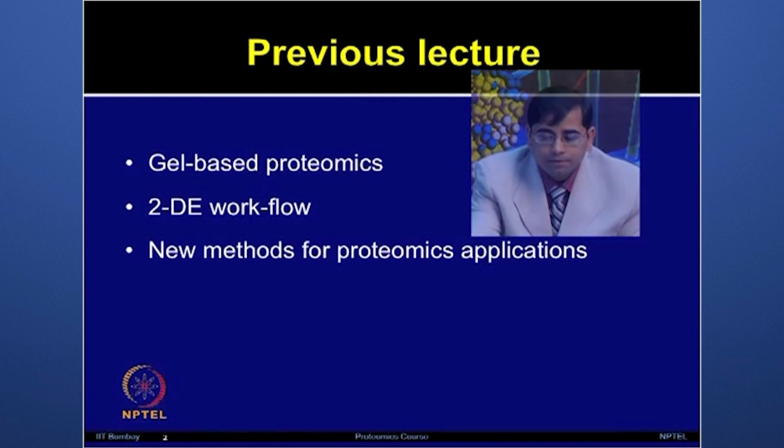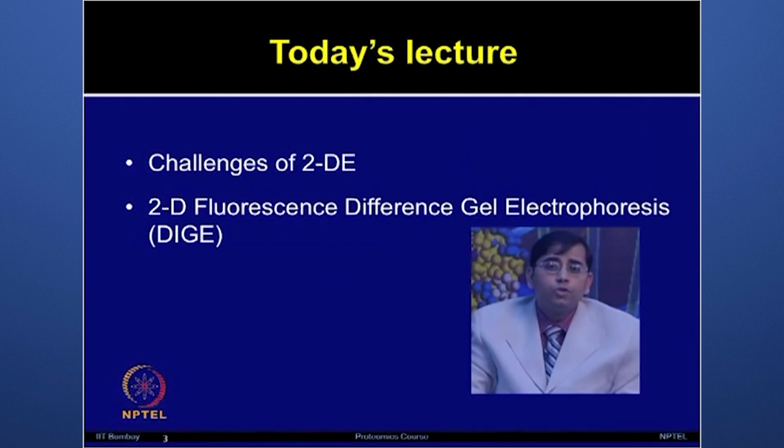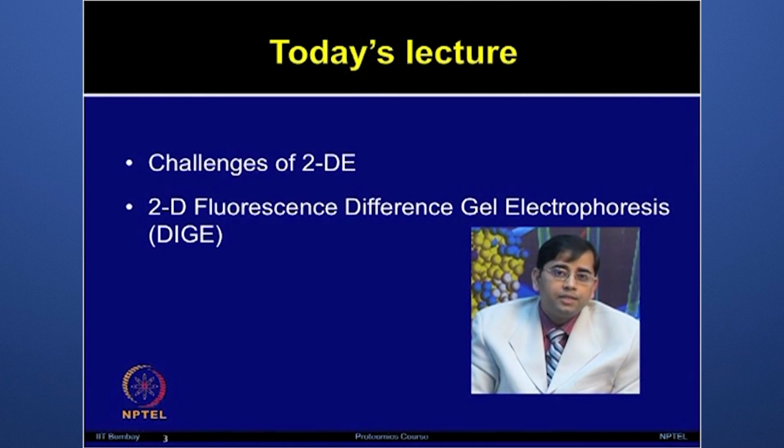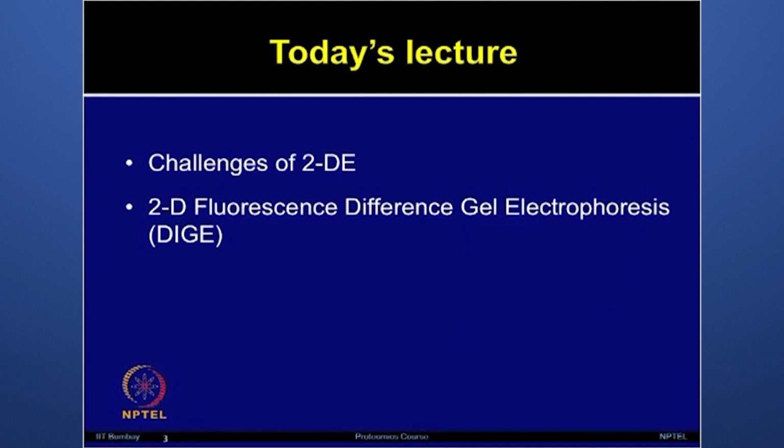In today's lecture, we will talk about different challenges which are associated with two-dimensional electrophoresis and how to overcome those challenges by using another advanced method, 2D fluorescence difference gel electrophoresis or DIGE.